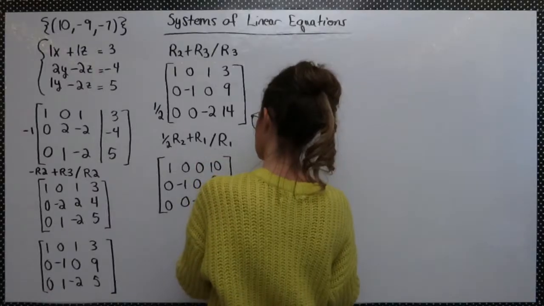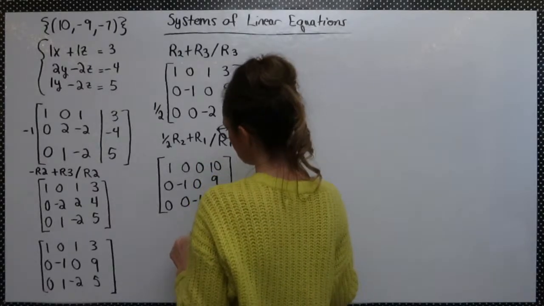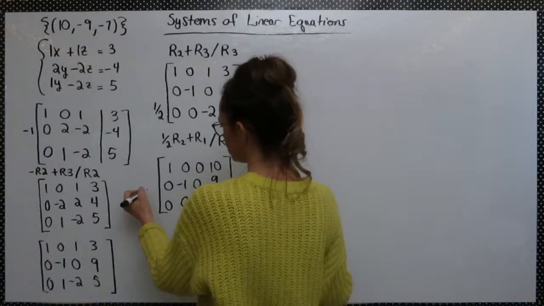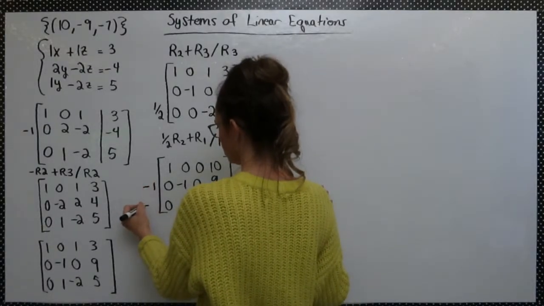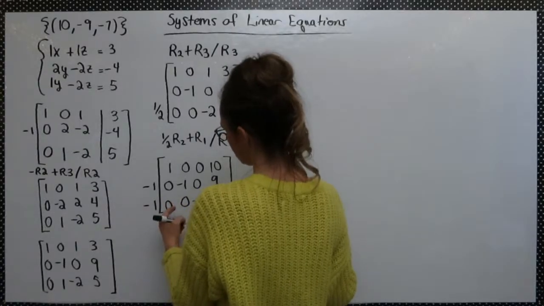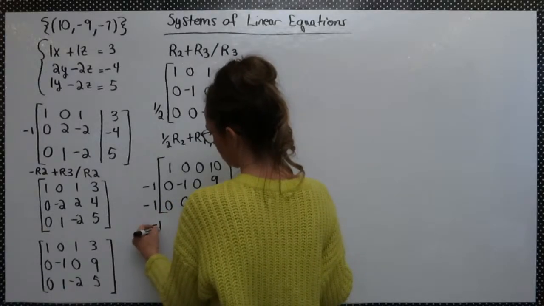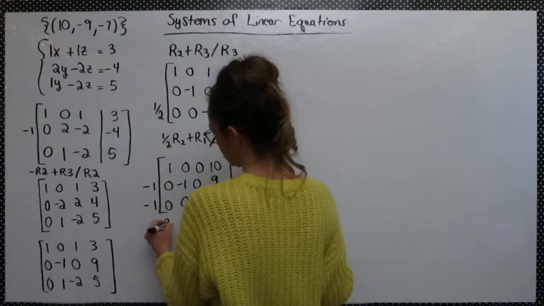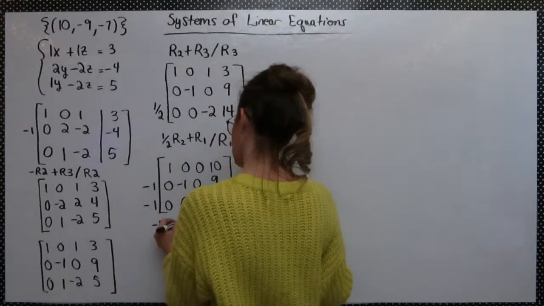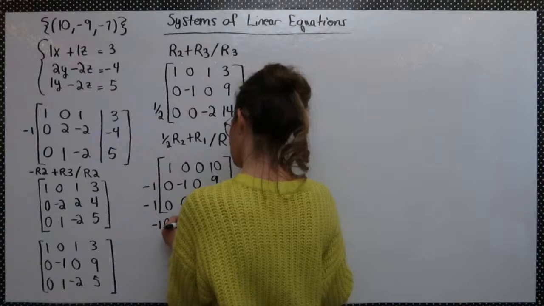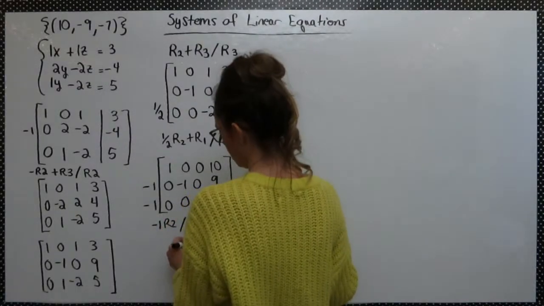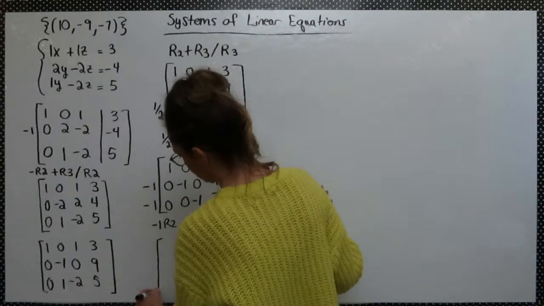Perfect. All right, it looks like all I have to do now is get rid of these negatives. So I'm going to do that by multiplying by the scalar -1 on both row 2 and row 3. So -1 row 2 and -1 row 3, and we're just going to replace that.